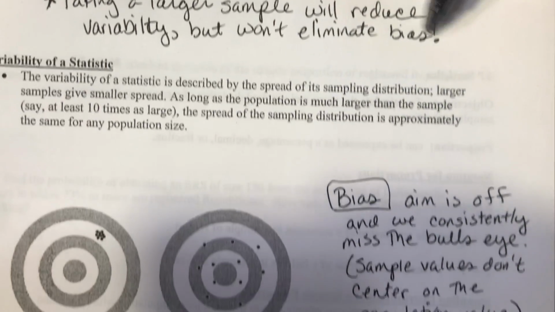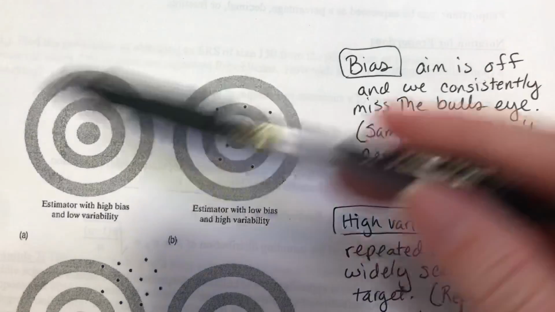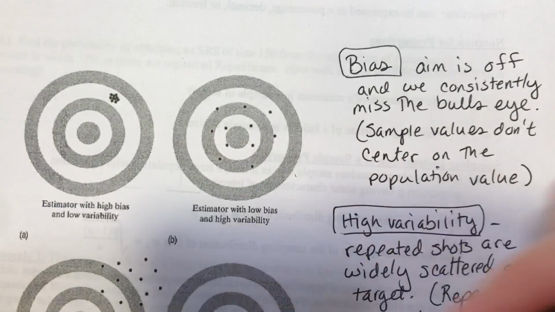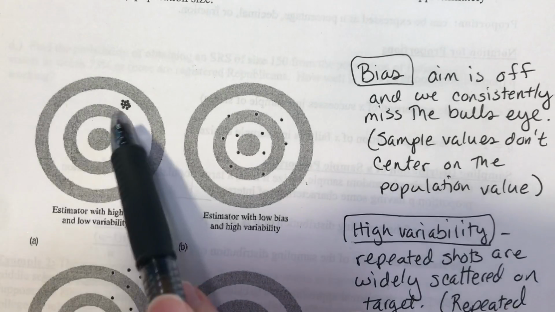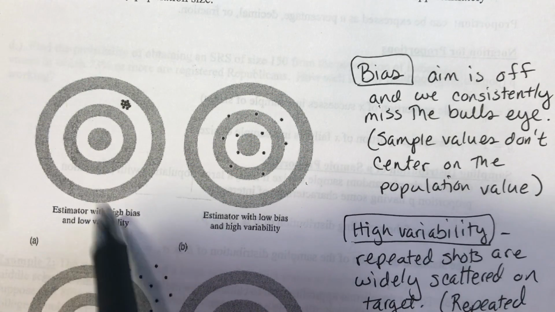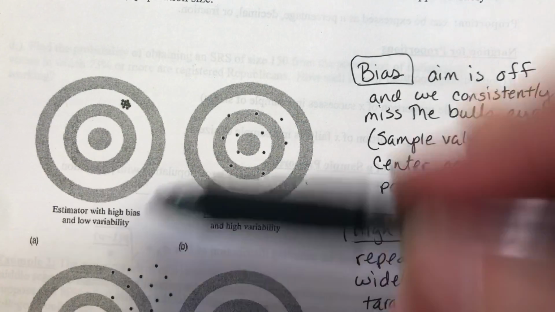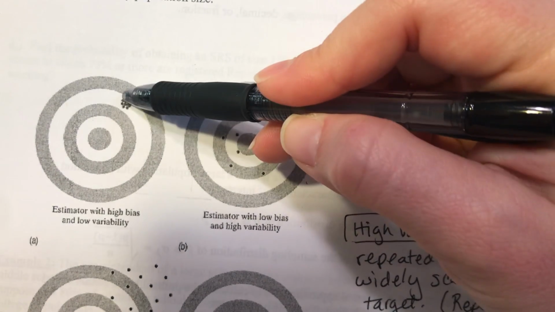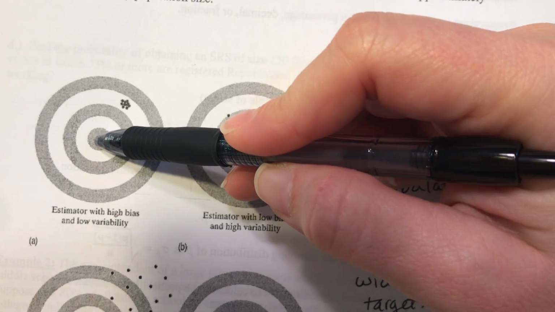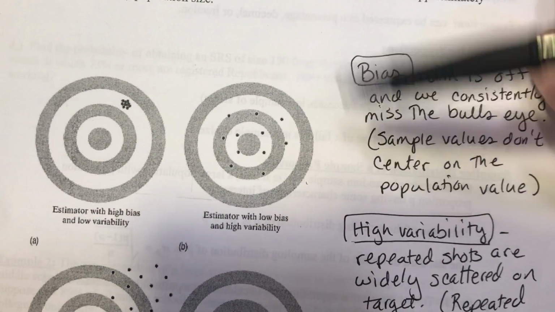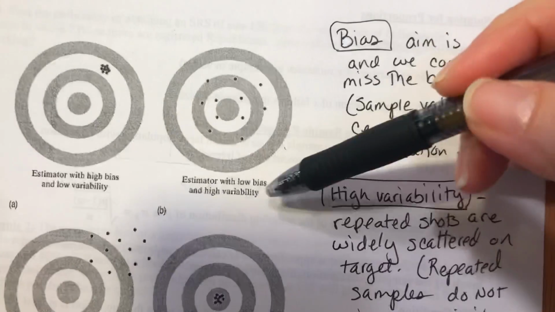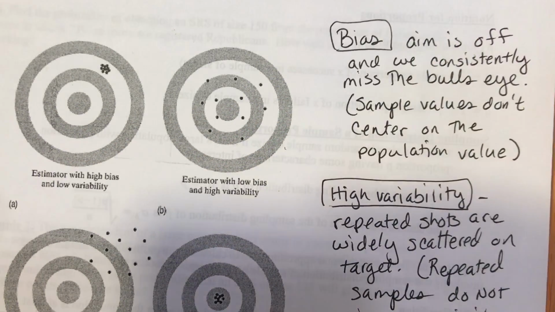All right, so what I've done is I've got these four graphics for you, okay, where the dots are representing samples. This is a sample with high bias and low variability. They're not varying from each other, but they're not centered at the truth. Okay, this guy has low bias and high variability.